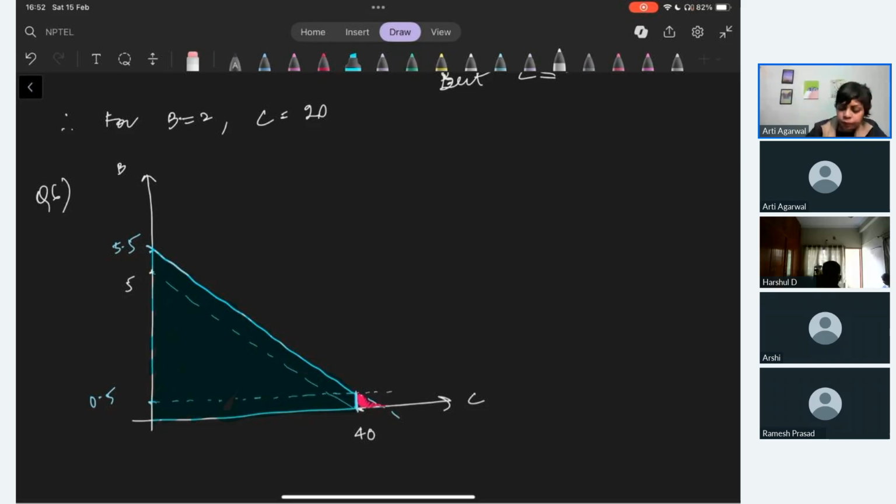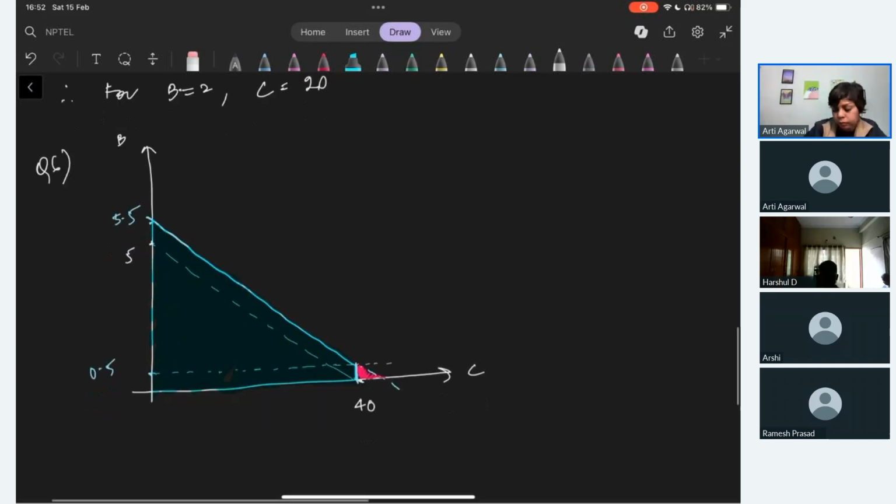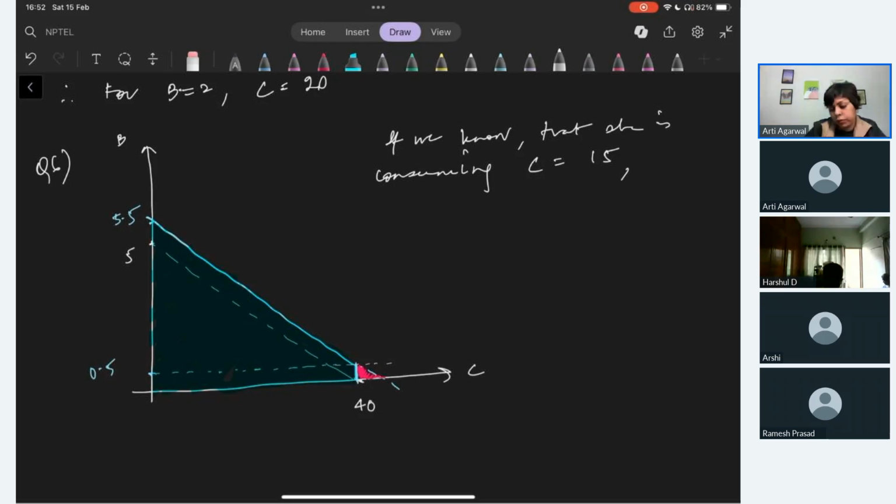Now let's take one example. If we know that she is consuming C is equal to 15, what is her consumption of books? So can you solve this? I'll just wait. I'll let you solve it.